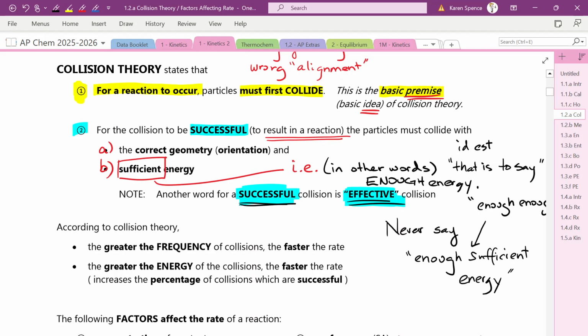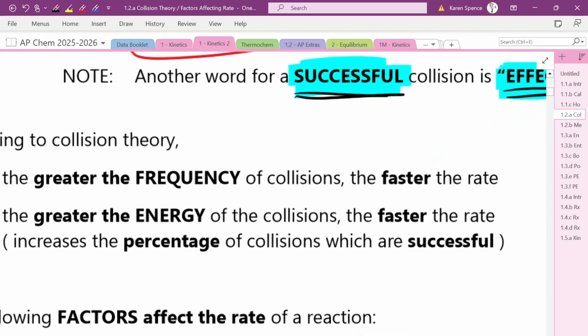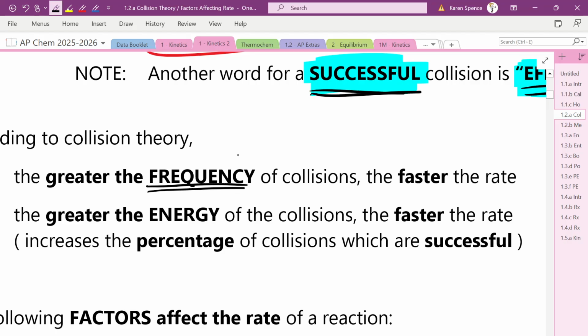And according to collision theory, the greater the frequency of collisions, how often things collide in a given time, the faster the rate. So more collisions in a given time, faster rate. And remember, they needed to collide with enough energy for the bonds to break. There needed to be enough energy to break the bonds.